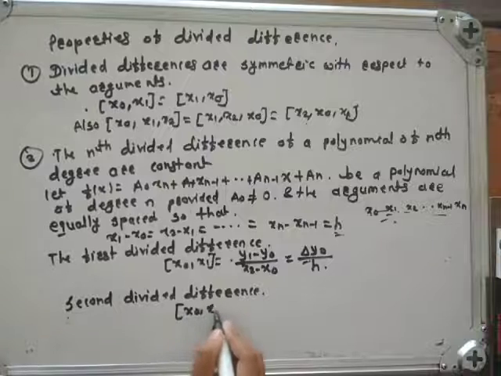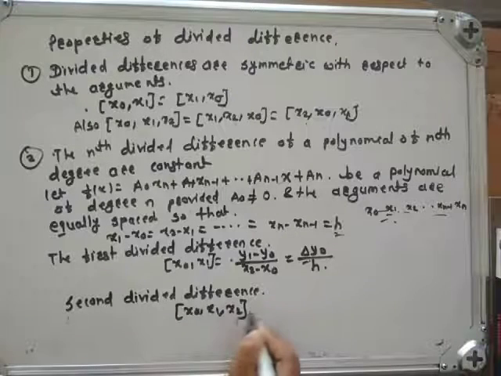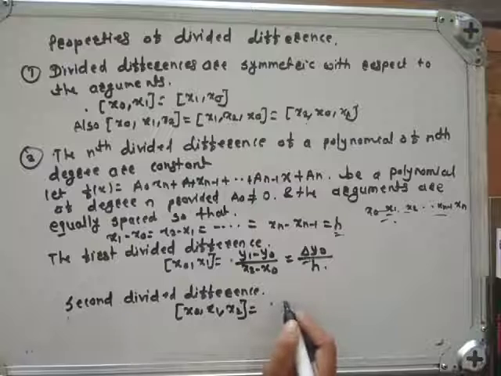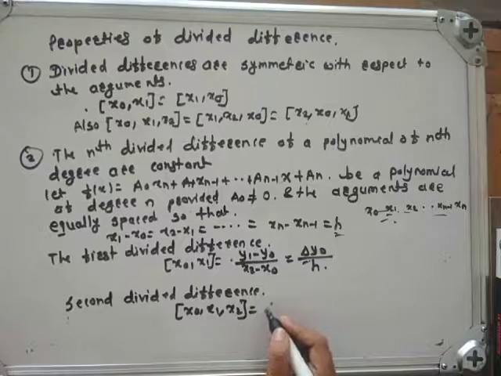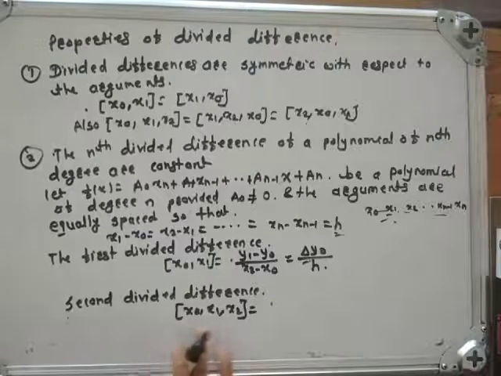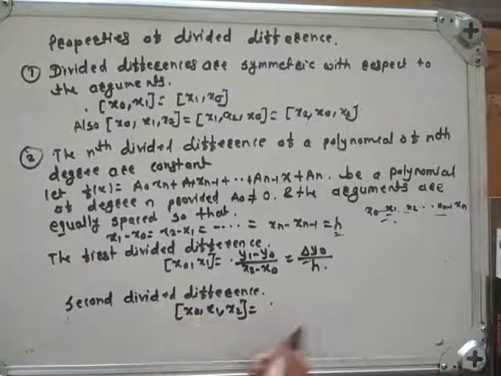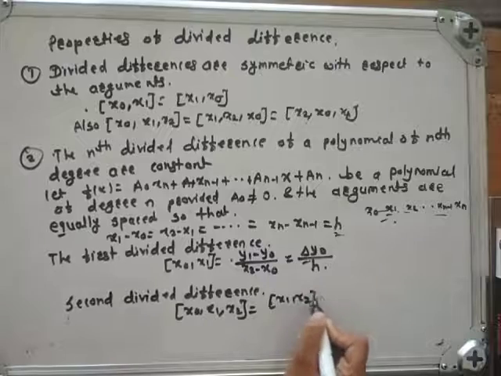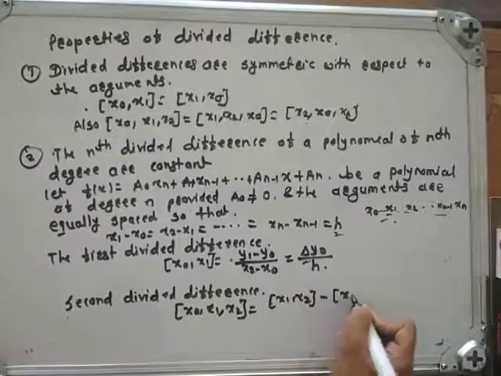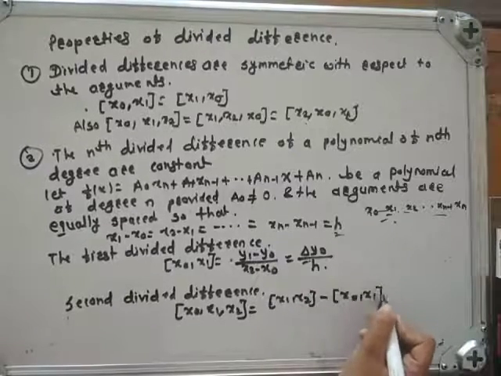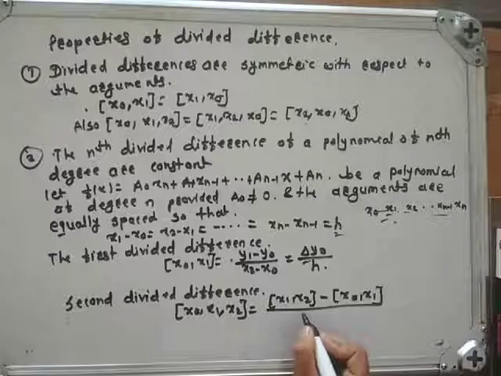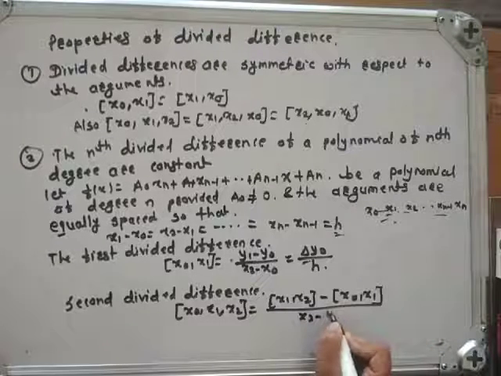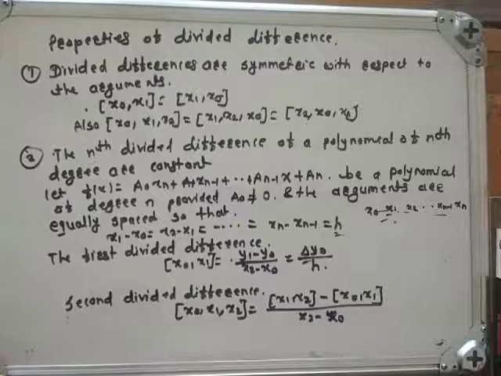The second divided difference x0, x1, x2 is equal to, by the formula, the bracket x1, x2 minus the bracket x0, x1 upon x2 minus x0.